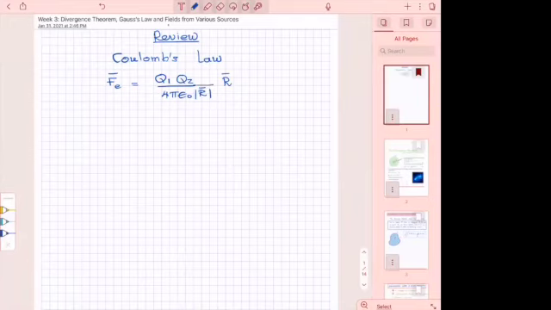Then we defined the electric field, electrostatic rather, but electric field that is due to this force.